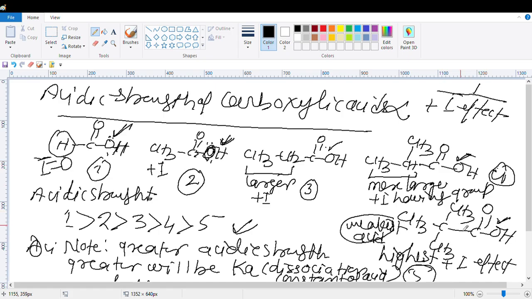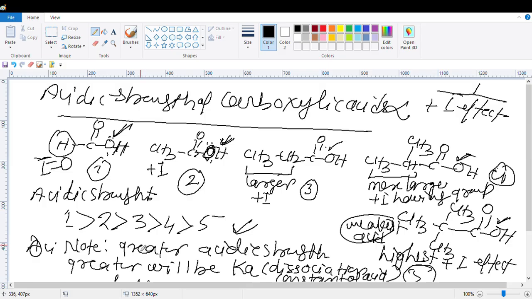The most difficult loss is in the last one, because it has a bulky group with three methyl groups, which cause donation of electrons and increase the negative charge density at the oxygen bonded with H very high. That is why removal of H positive becomes difficult and it becomes the weakest acid. So in this way, first, formic acid is strongest and the last one is weakest.